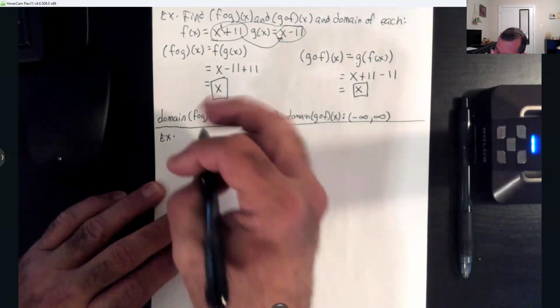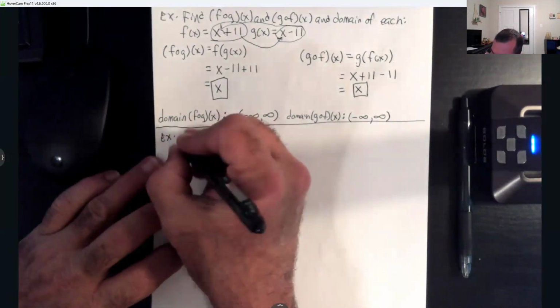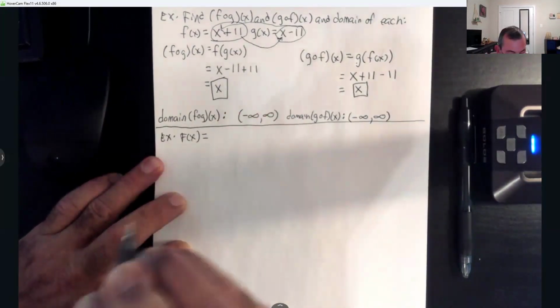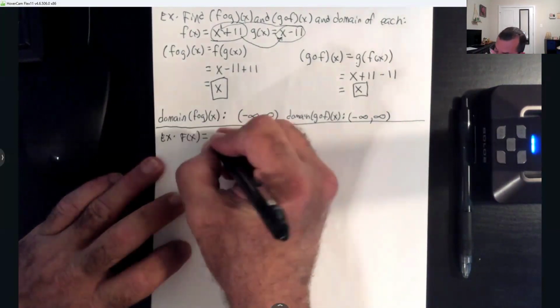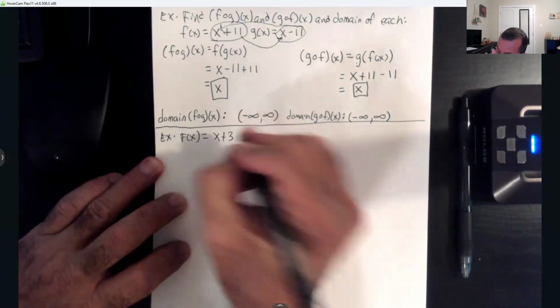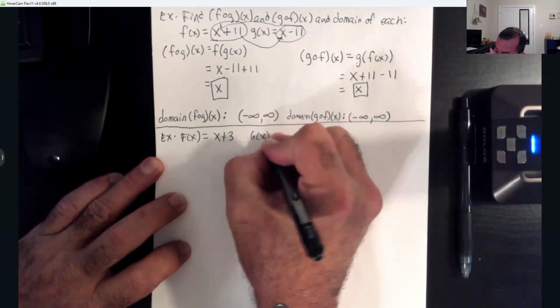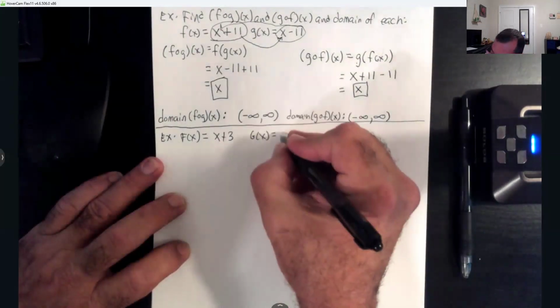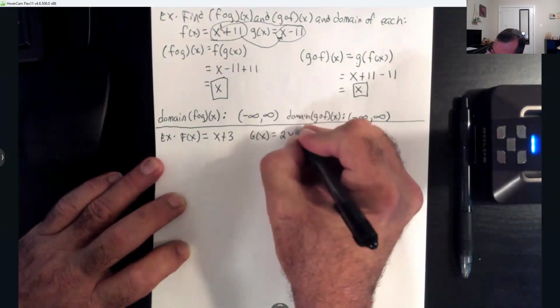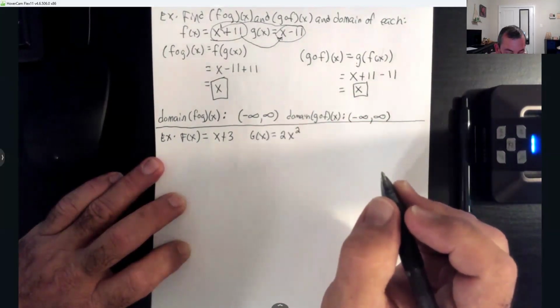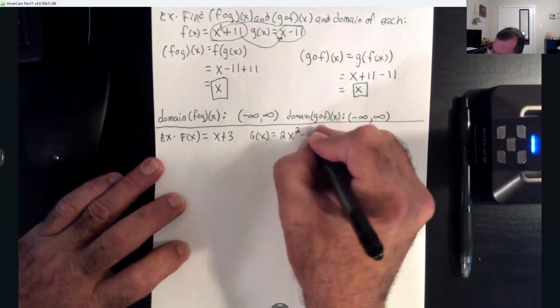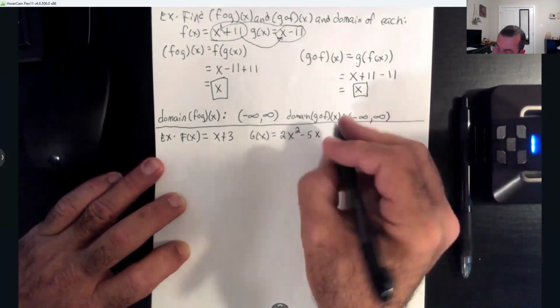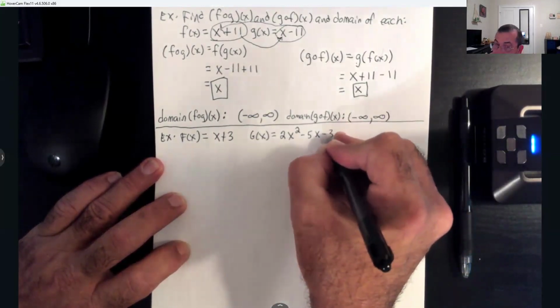They're giving us, on this one, f of x is going to equal x plus 3. G of x is going to equal, uh-oh, y'all, look at this, 2x squared minus 5x minus 3.